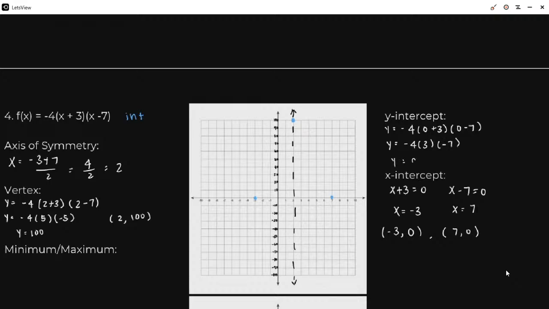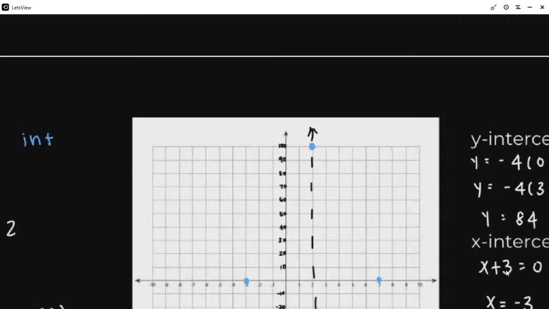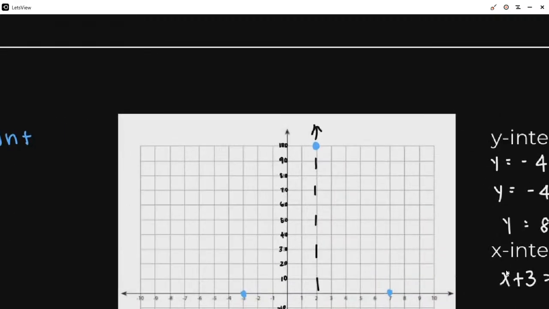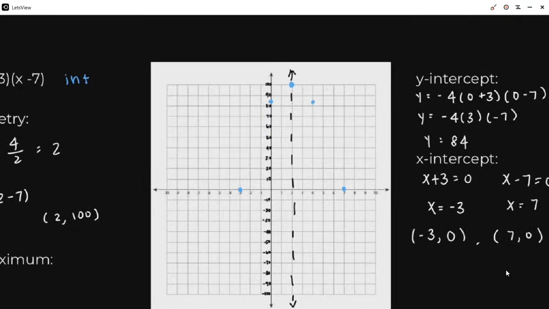And that's going to be 84. So 0, 84 is going to be on our graph. And even though we went by tens, we can kind of estimate it, so it'll be somewhere between 80 and 90. And we can plot another one also 2 units away to reflect it. And our graph will look something like this.